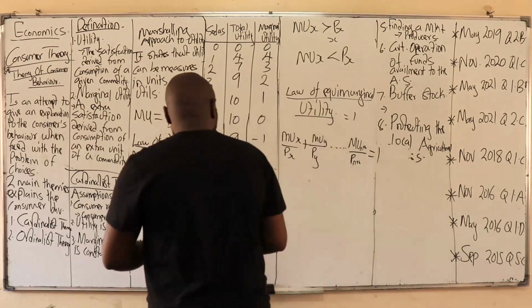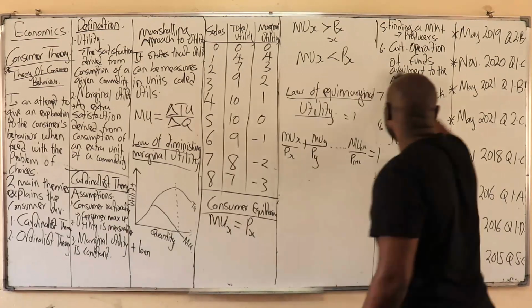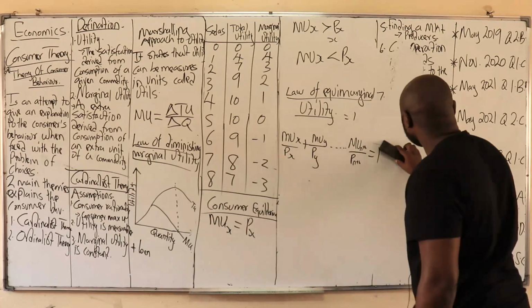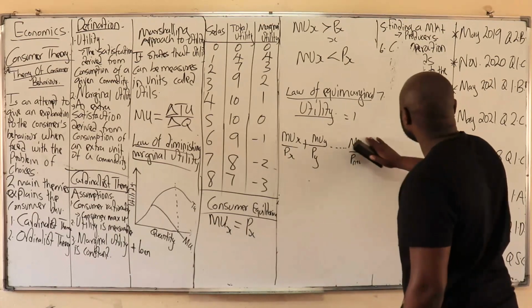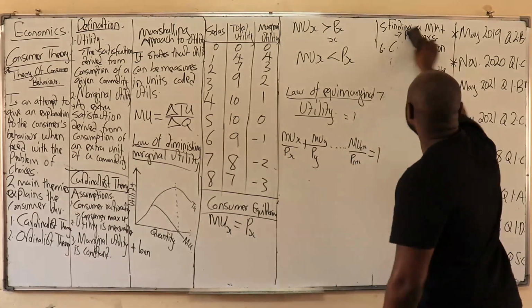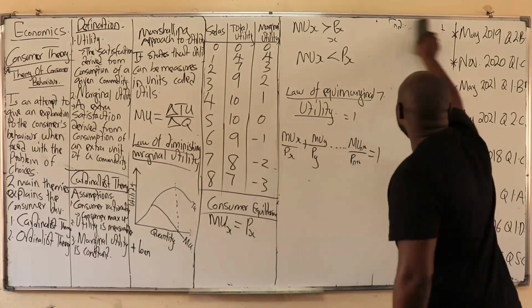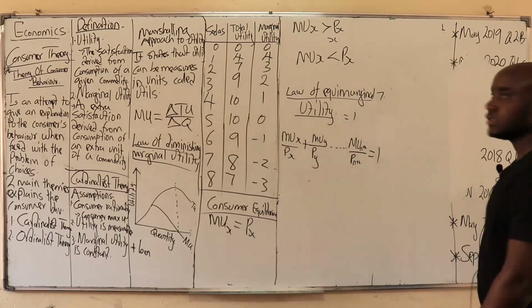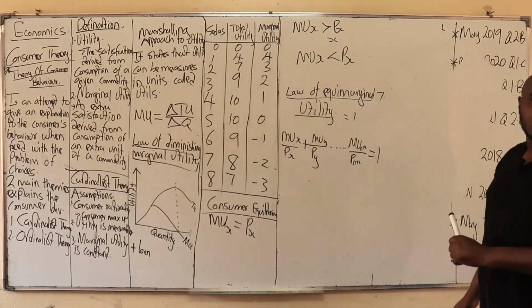Will give us the full utility. That's the rule of equimarginal utility. Someone will use a picture of this, isn't it?